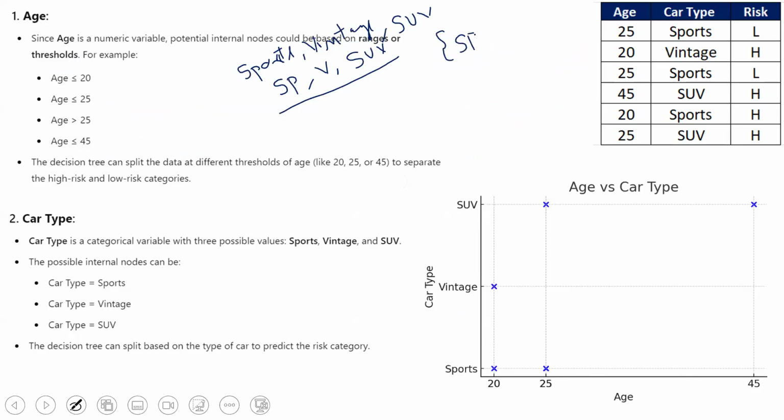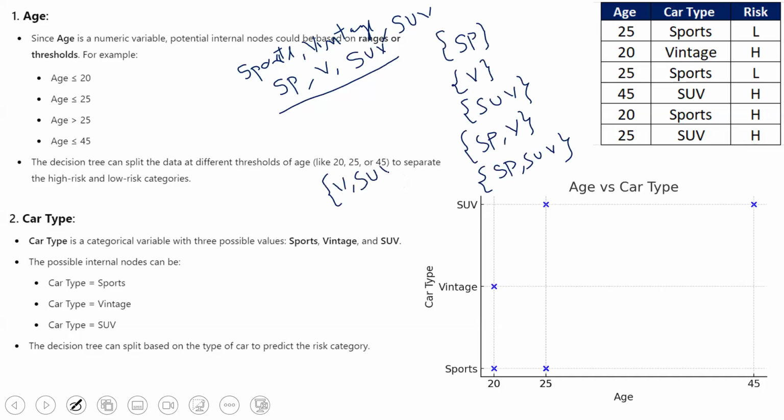You can come up with this, right? Sports is one possible, vintage is one possible, SUV is one possible, and then SP and V is one possible. SP and SUV is one possibility, and then V and SUV is one possibility. SP, V, and SUV is one possibility. Okay, so these are the different possibilities that can be constructed.